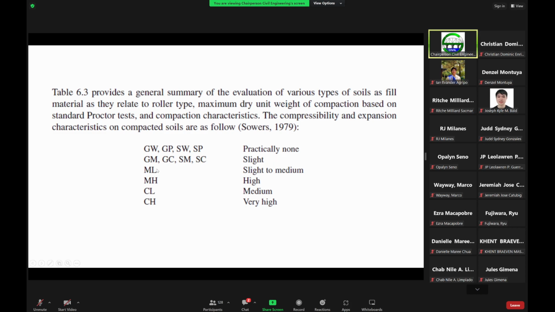Then for a low plasticity silt, M means silt, there's a slight to medium effect for compressibility and expansion characteristics. For the high plasticity silt, you have a high effect, highly compressive and highly expansive. For the low plasticity clay, you have a medium effect. While for the high plasticity clay, which we don't like, you have a very high effect on compressibility and expansion characteristics.